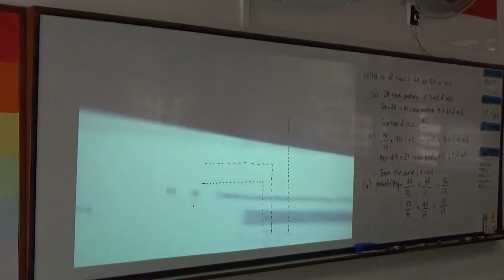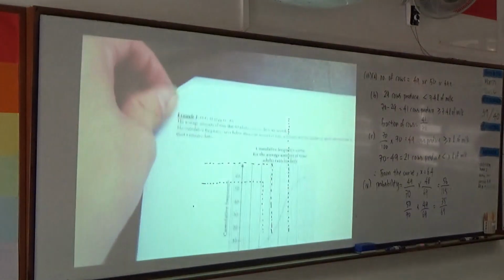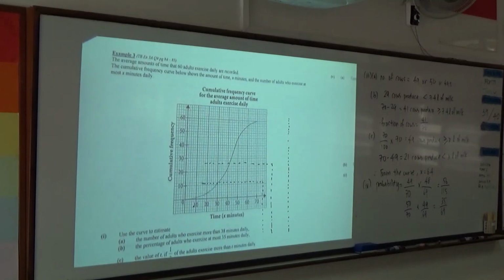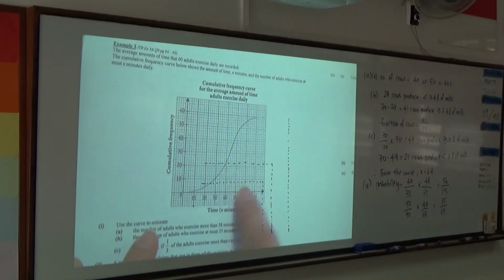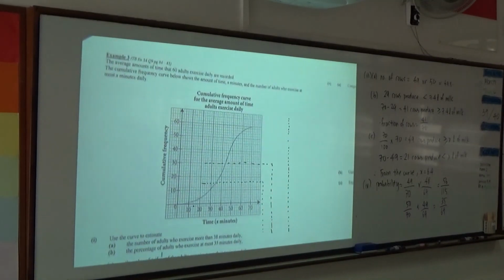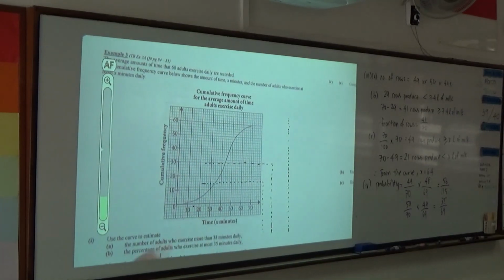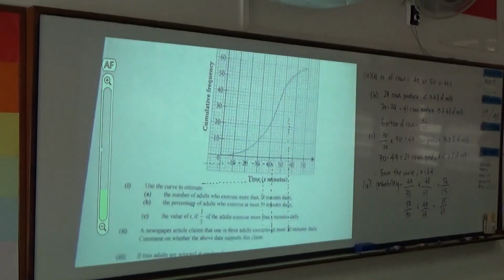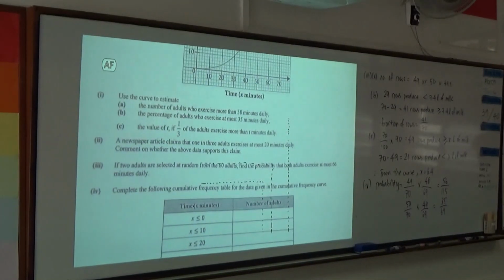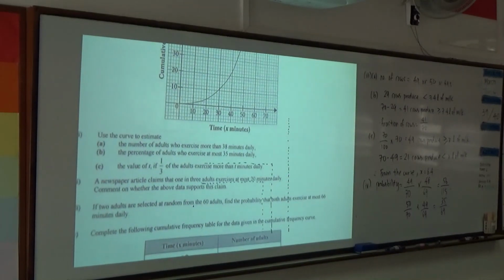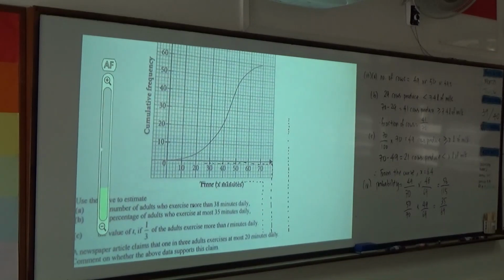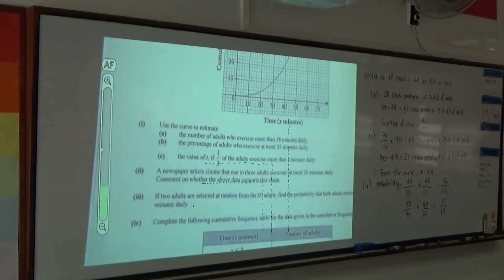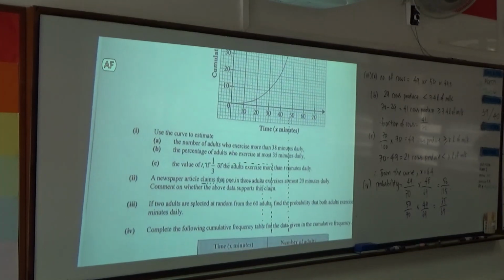Alright? Last one, for cumulative frequency. This one I think you can turn to your textbook, page 84 to 85 for a clearer diagram, because I just screenshot from the e-book, it may not be the clearest. I want you to give part I a try.